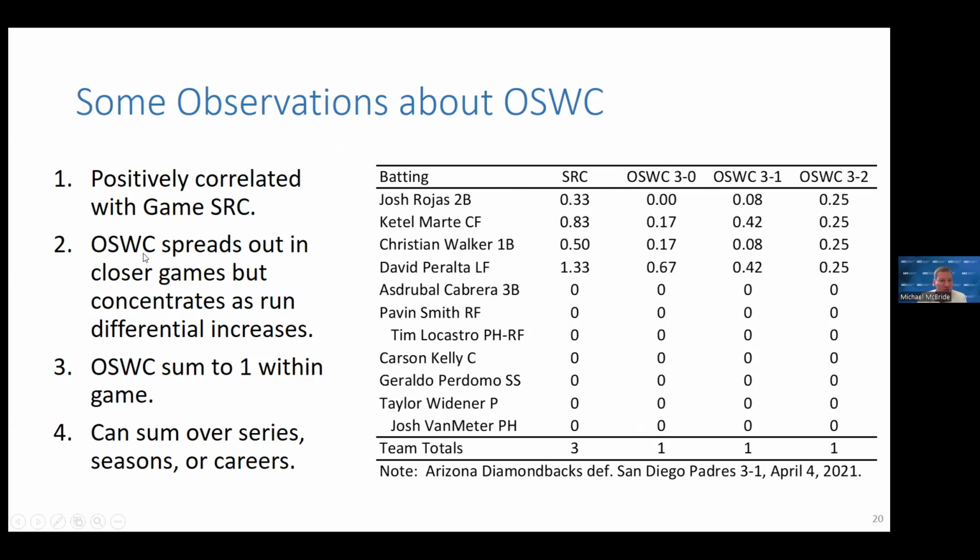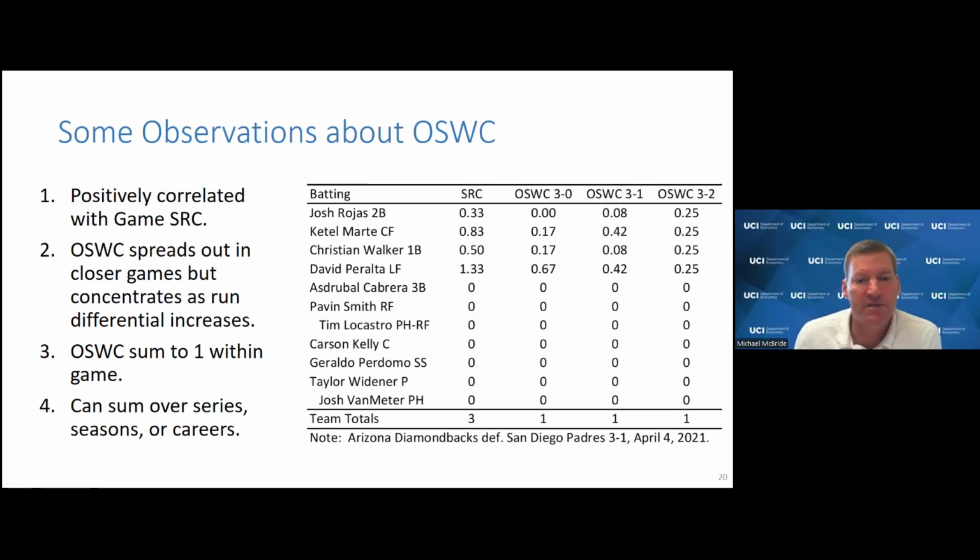So this is a feature of this, and it reveals just how context specific this statistic is. Because it's one win credit, it's going to divide one unit. And so we have this nice, efficient accounting. But just like the Shapley run credit, you can sum over series, seasons, and careers.